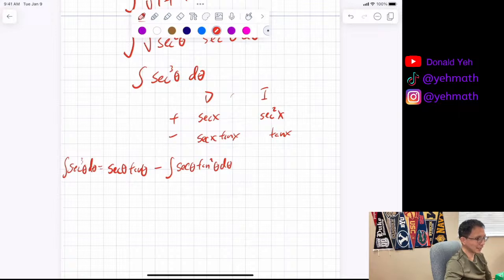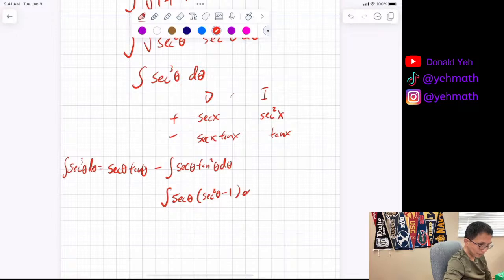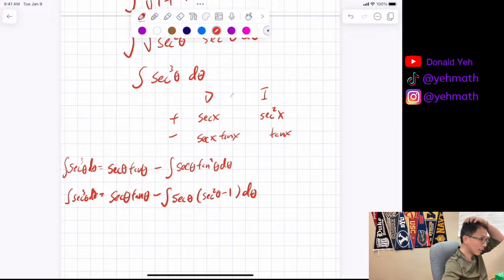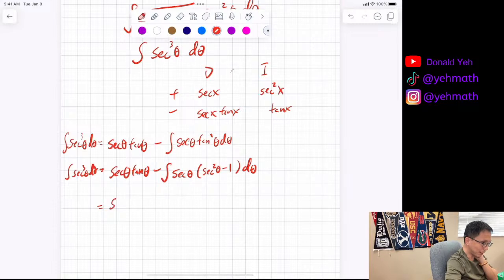What is the trig identity here? Tangent squared theta is what? Secant squared theta minus 1. So that's why you need to know all your stuff from previous. And it becomes cyclic.